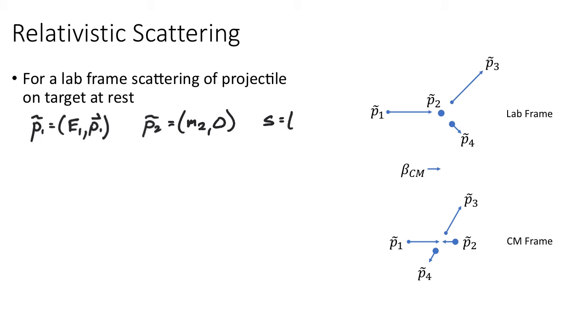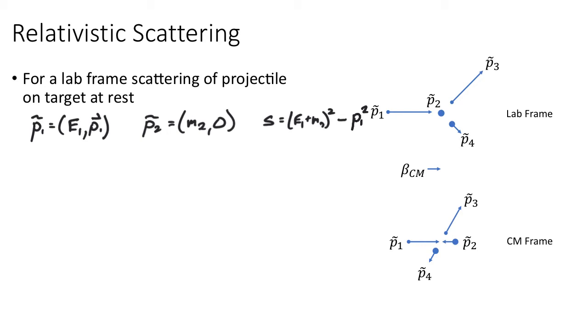So we get E1 plus M2 squared, and we subtract off the dot product of the momenta, but there's only P1, and so P1 dot product with itself, because it's the spatial part, which I'm just going to write as P1 squared. That's the dot product of the P1 vector with itself, the magnitude of that vector.